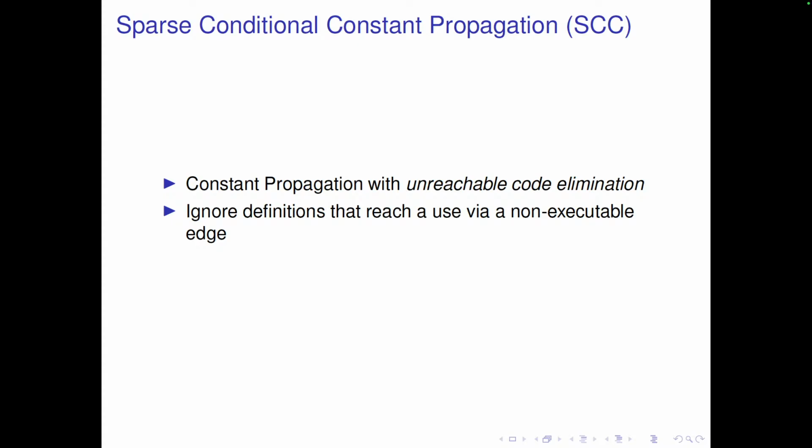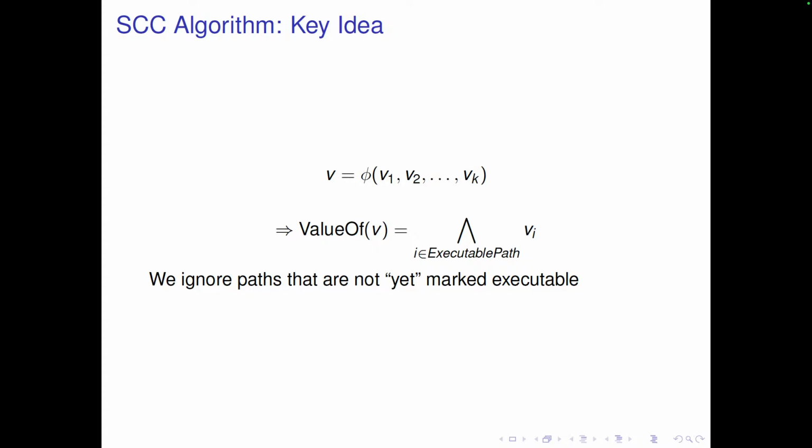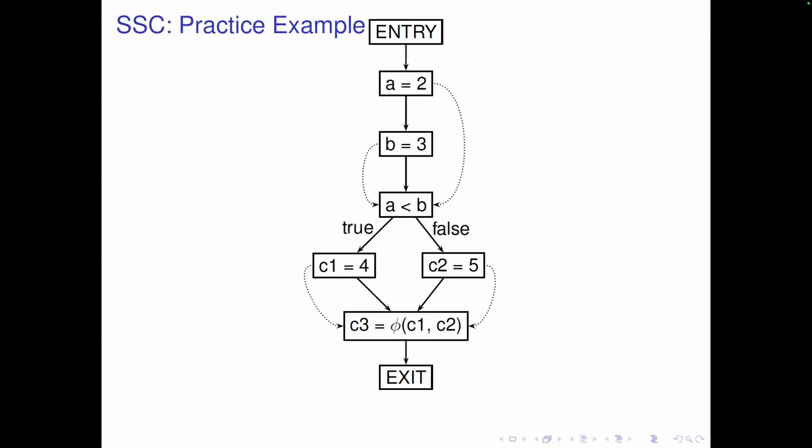It identifies unreachable code and ignores it for the analysis. It's actually not going to delete it per se, that's dangerous. So it ignores definitions that reach a use via a non-executable path or edge. Like we saw here, on the right edge.